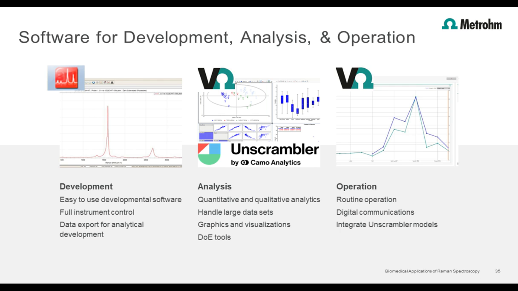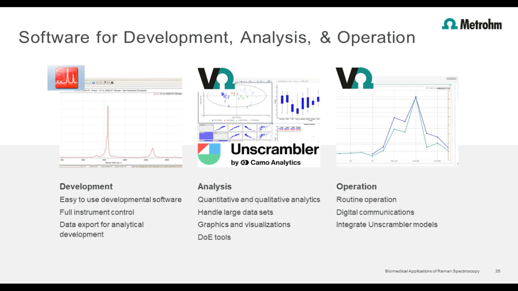And then from a software perspective, key is we offer several different kinds of software that can be used. So whether you're talking about just early stage development, where you just need to explore what's happening in the system and get Raman data so that you can start manipulating it and crunching it and seeing, is there interest there?